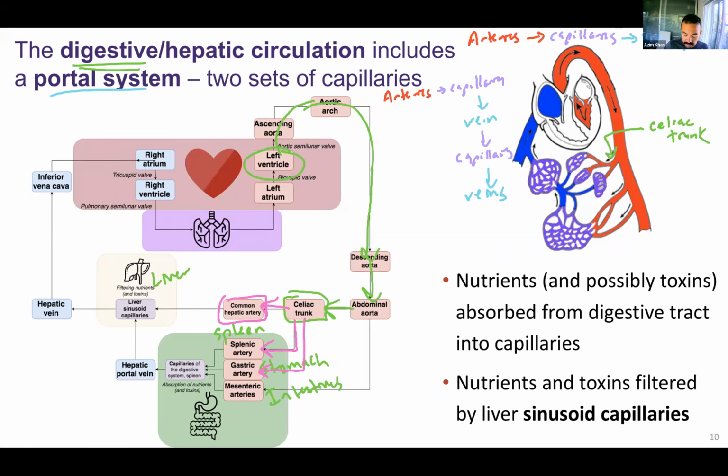If you keep going along the abdominal aorta, there are actually two additional branches. If you take a look over on this side, we have a superior mesenteric artery and an inferior mesenteric.